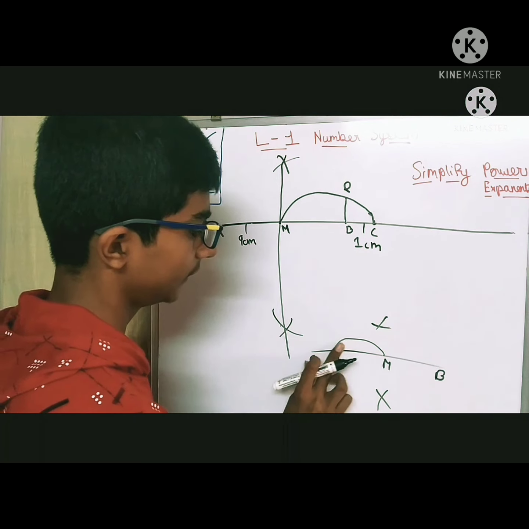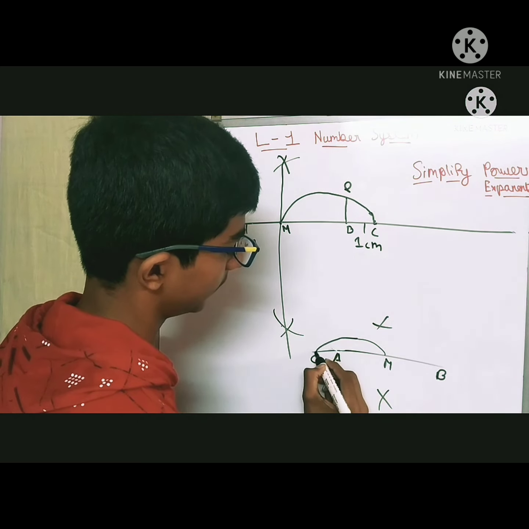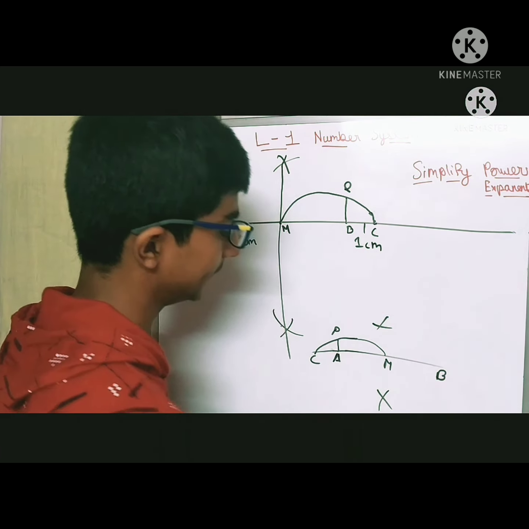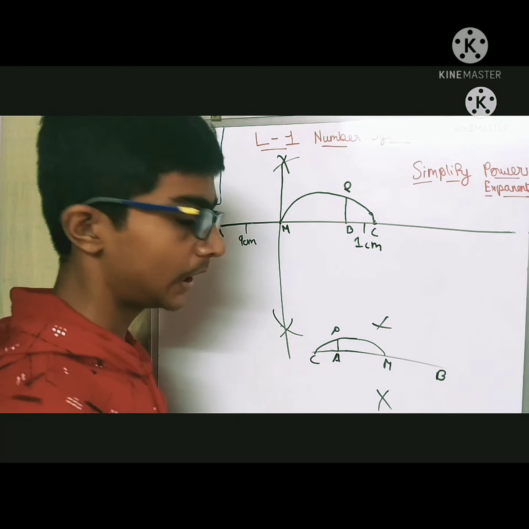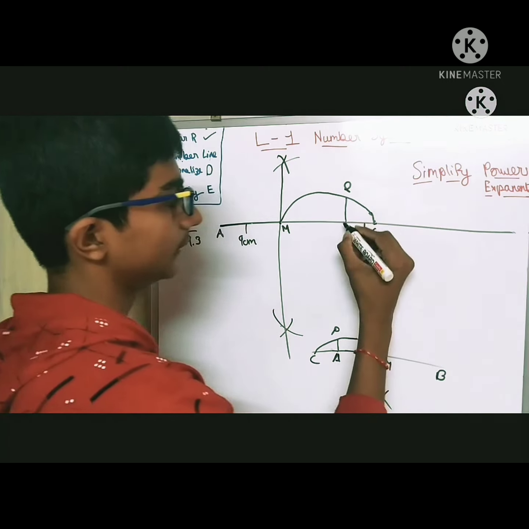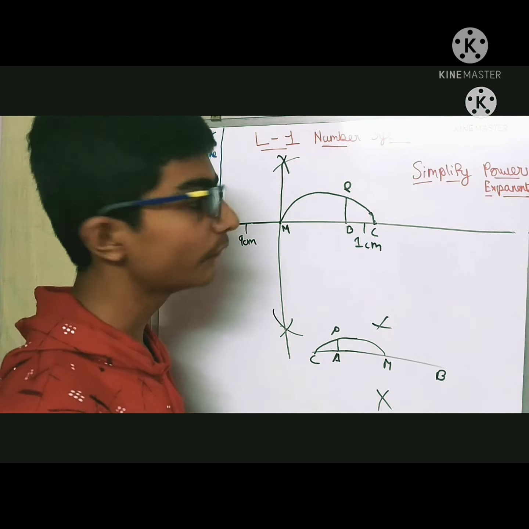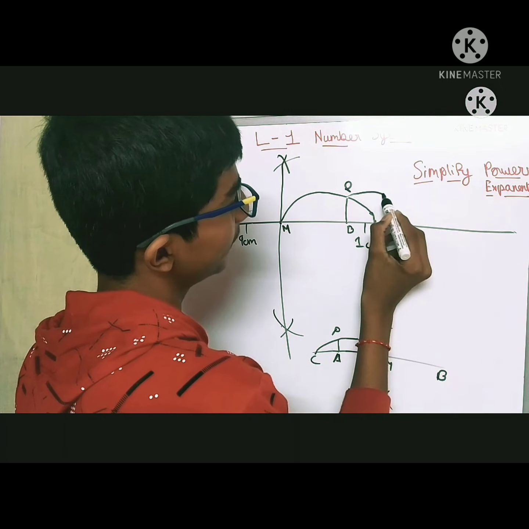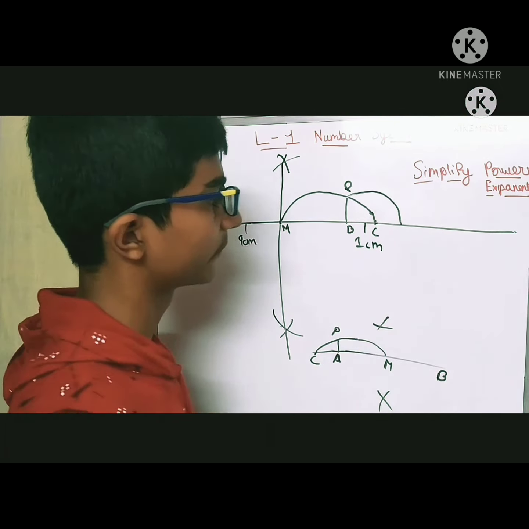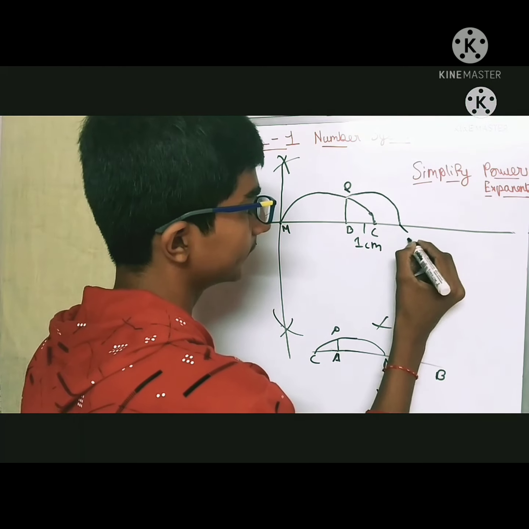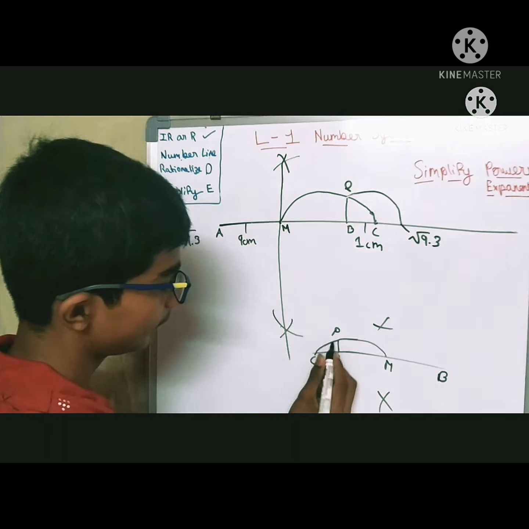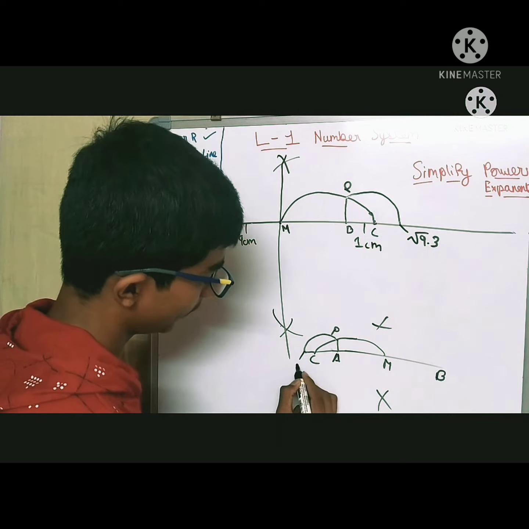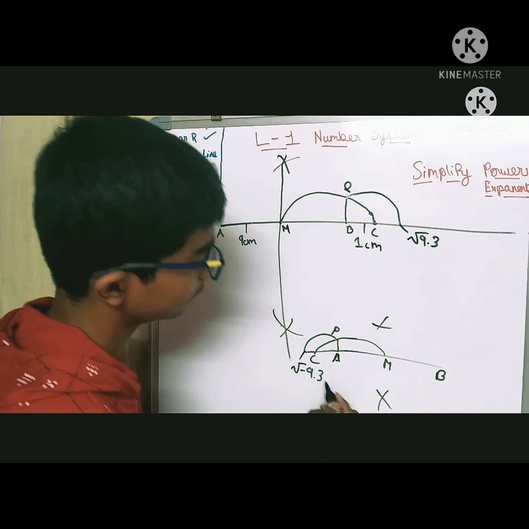Sorry, not till A, I have to mark it till C. Then from A I have to make a 90-degree arc and mark it at P. Now taking length BP, we will make an arc like this, and this is now under root 9.3. Same here, taking length PA, this point will be under root minus 9.3.